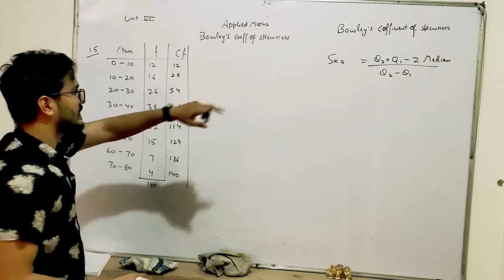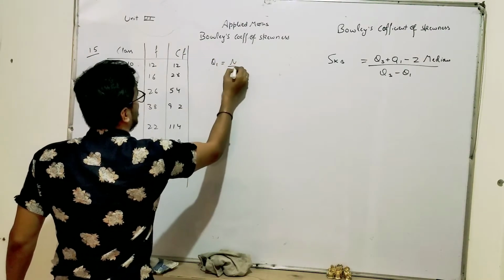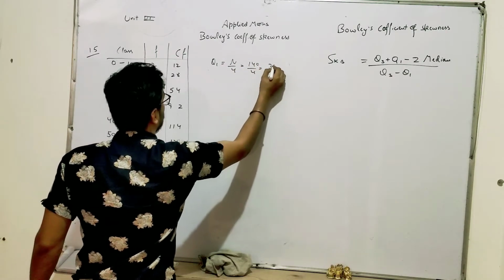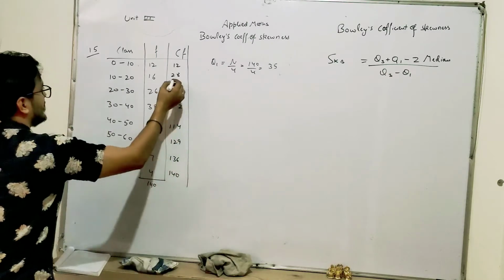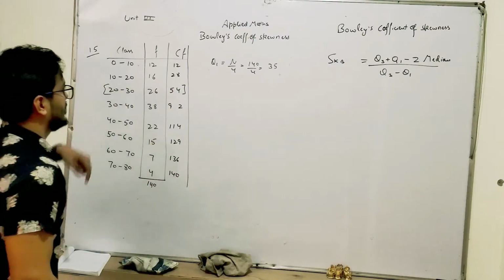Now first let's find out Q1. For Q1, n by 4 is 140 upon 4, which is 35. So 35 will lie in this segment.